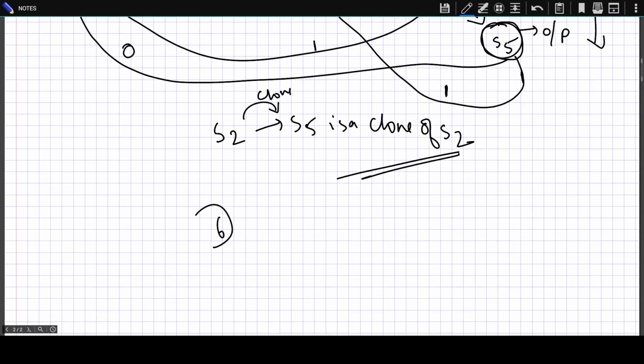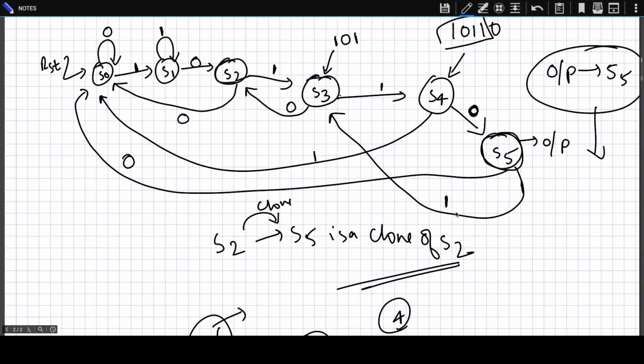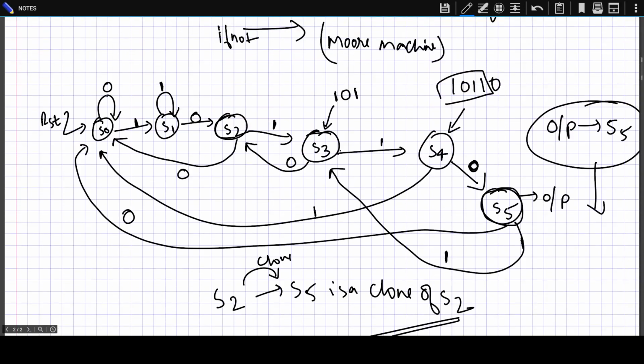To implement 6 states, you need at least 3 flip-flops, because 2 flip-flops will only give us 4 different patterns. To get 6 different patterns, you will need at least 3 flip-flops. So for these 3 flip-flops, we can assign numbers.